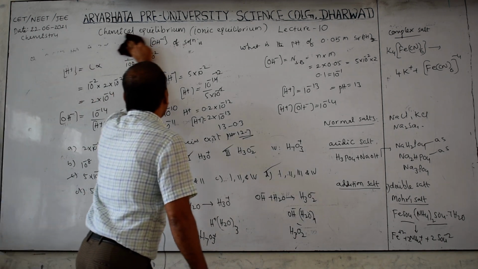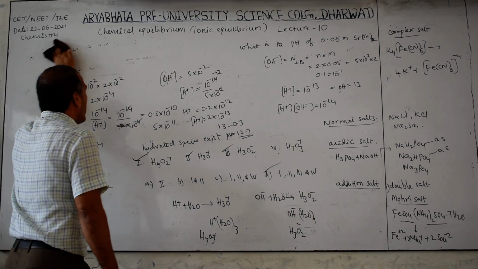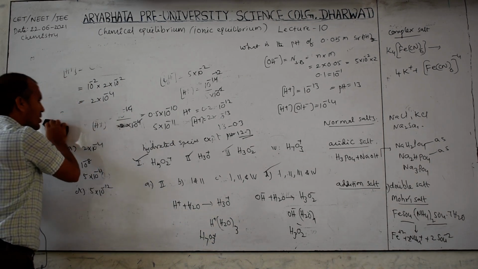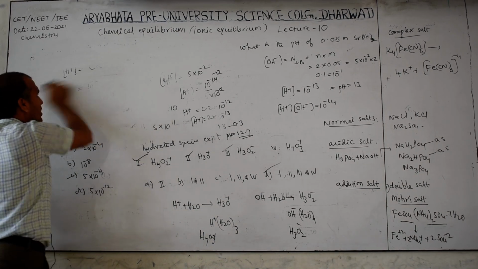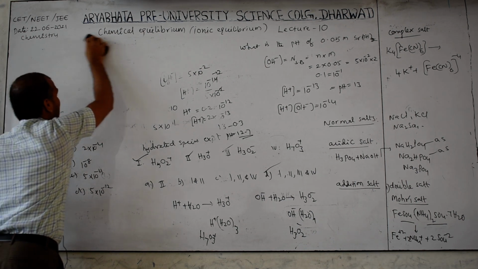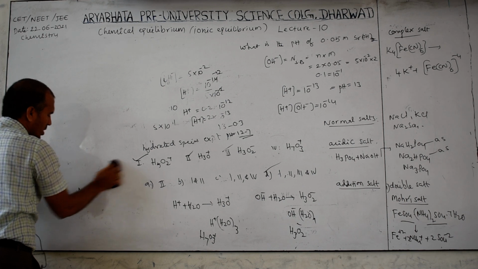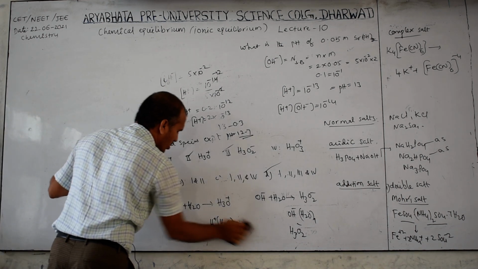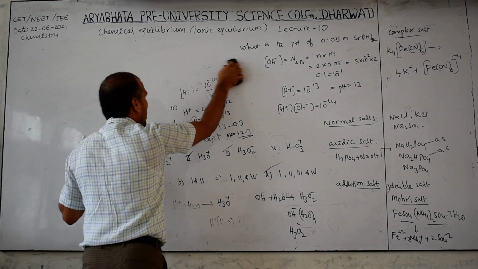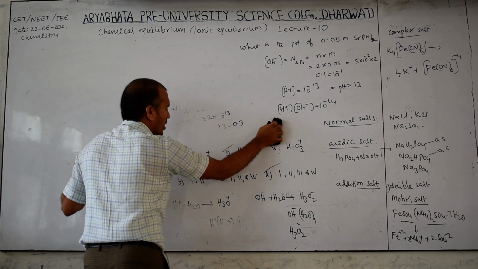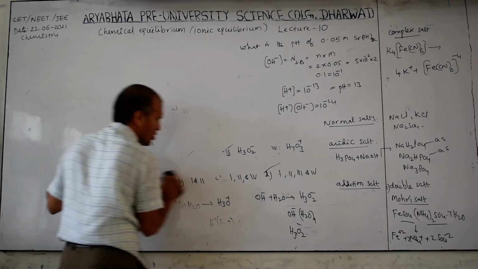You have to remember: salt of a strong acid and strong base does not hydrolyze. Generally, cation hydrolysis gives an acidic solution and anion hydrolysis gives a basic solution.